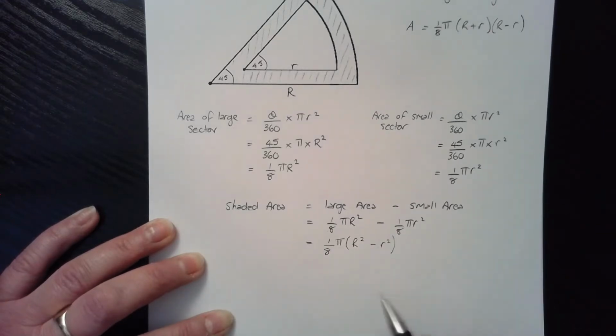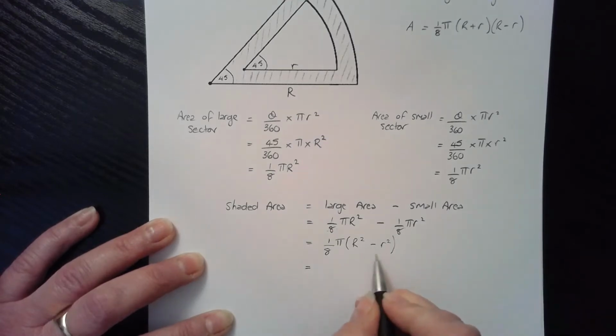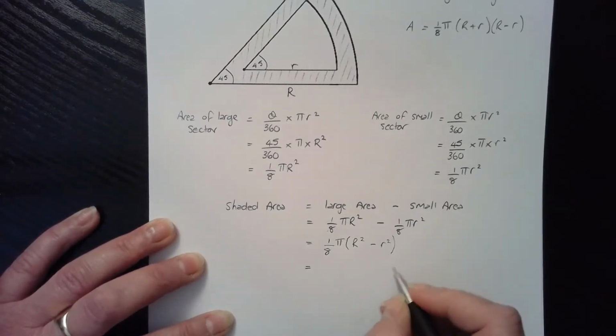Still not quite there, but you can see here I've got two factors. And I've got a quadratic expression here, and hopefully you can see that that quadratic expression is the difference of two squares. So I'm going to factorise the difference of two squares.